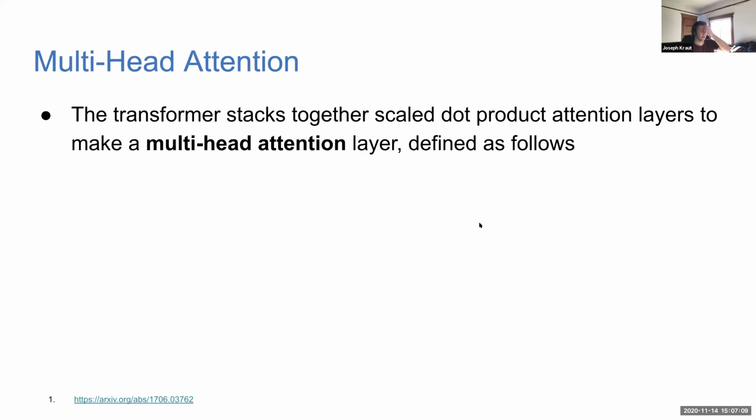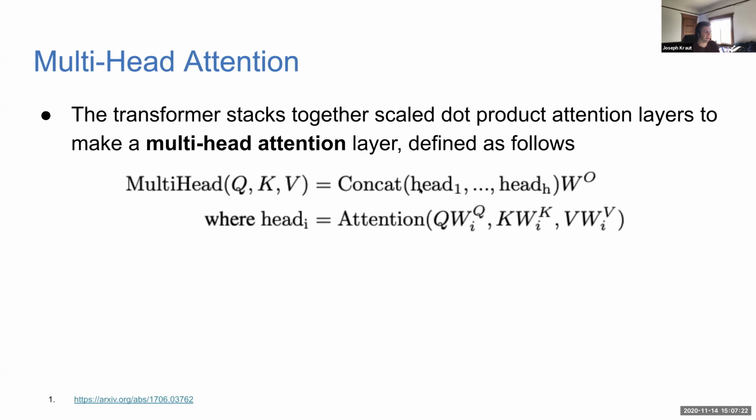So the last key part of the transformer is that we take these attention layers, these scaled dot product attentions, and stack them in what we call multi-head attention. It's defined as this. Each head is just one of the attention layers we talked about before, and we concatenate them and multiply their output by some matrix. This is the fundamental building block for the transformer.